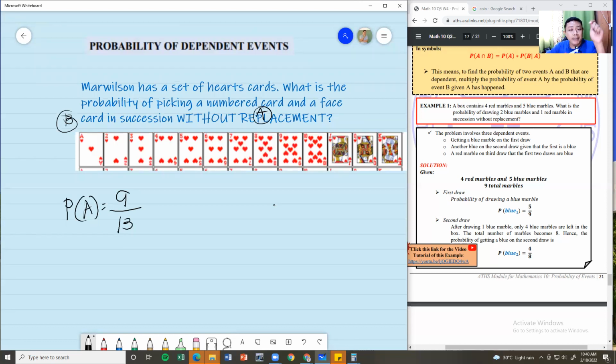Now, for the second picking, do you think the set will still be complete? Not anymore because the first card was already picked. So therefore, what is now the probability of getting a face card from the new set of cards? How many face cards are there? There are 3.